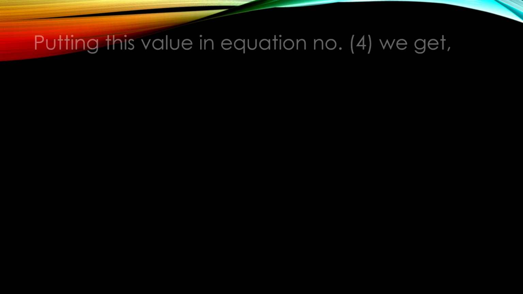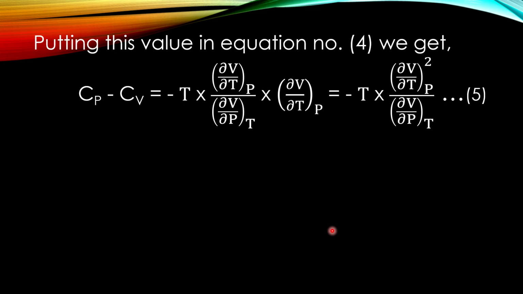And this way we get equation number 5, like this. And definitely this negative sign would go here. These two are the same, so they become squared. So minus T into (∂V/∂T)_P whole squared divided by (∂V/∂P)_T.